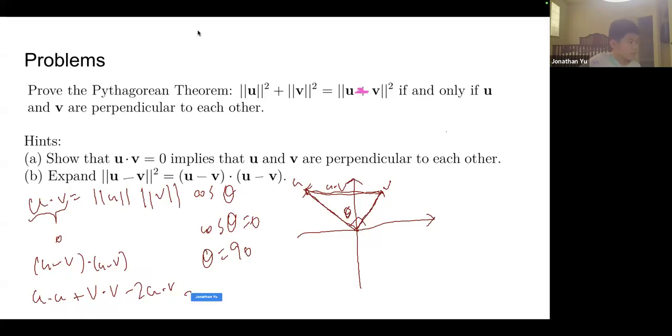So if this equals, by the norm property, u dot u plus v dot v, again, we can cancel this out. So u dot v is equal to 0. So then part A tells us that u and v are perpendicular to each other.